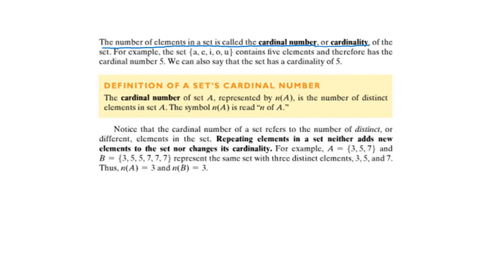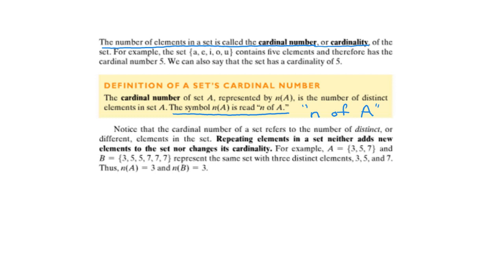The symbol N of A, with parentheses around capital A, is read N of A, or the cardinality of A. Again, the cardinality is the number of elements in a set.